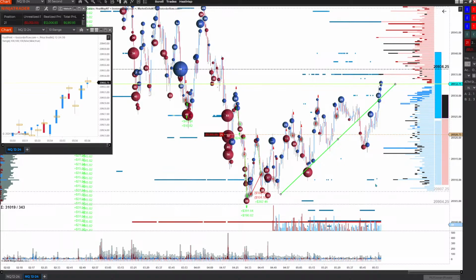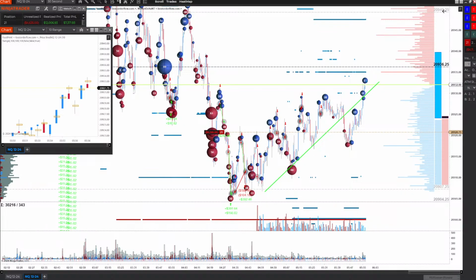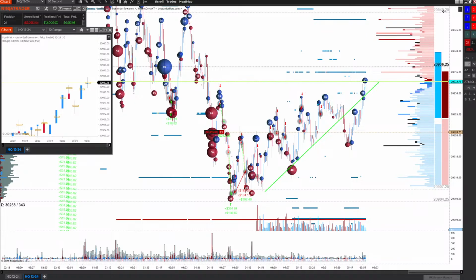But this channel is being broken. Now we're retesting this channel, and okay, we went higher than this. We collected this liquidity on the left side. What should the price do after it's collected the liquidity on the left side? There's nothing to do but to collect it on the right side over here. That's the logic.